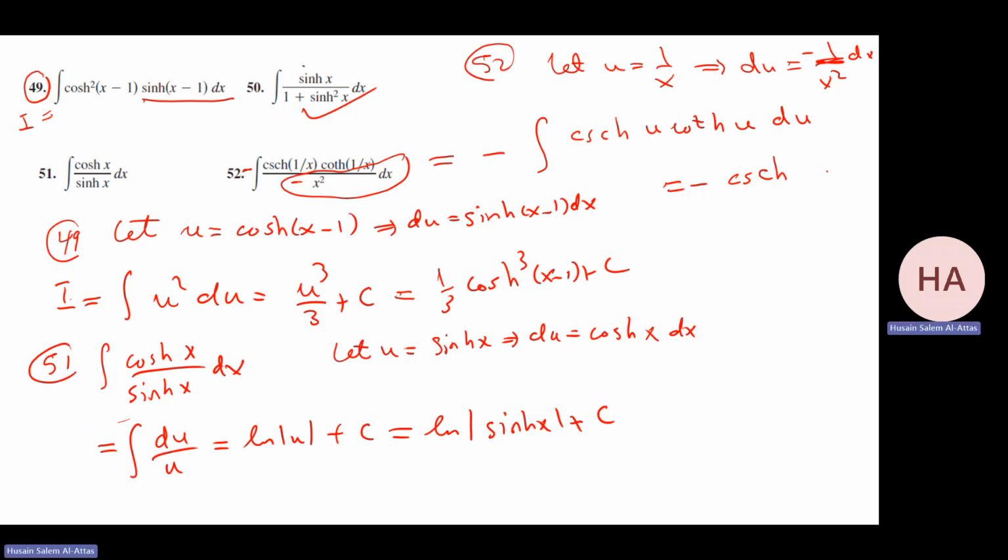No, it's minus cosine hyperbolic 1 over x plus c. So it will be cosine hyperbolic 1 over x plus c.